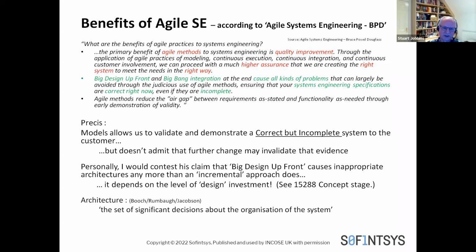And here I'm using the usual triumvirate's view of architecture, i.e. the set of significant decisions about the organization of the system. So for me, architecture is about those significant decisions. I don't see that introducing something I hadn't thought of later is going to give me a better idea than understanding conceptually all of what I need to do, but at a high level, not at every concept and detail.